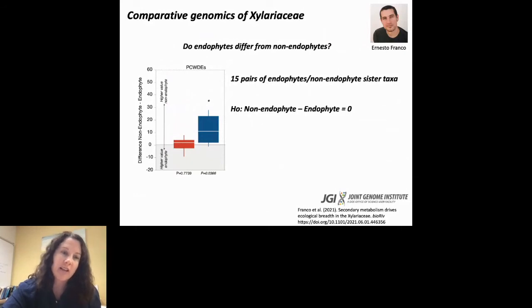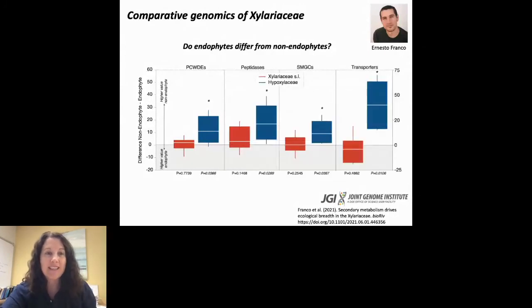Values above 0 indicate that saprotroph or non-endophyte genomes had, for example, a higher number of plant cell wall degrading enzymes. Interestingly, we found that for Xylariaceae, there was no difference between endophyte and non-endophyte genomes. This is pretty consistent across different types of genes: peptidases, secondary metabolites, transporters.